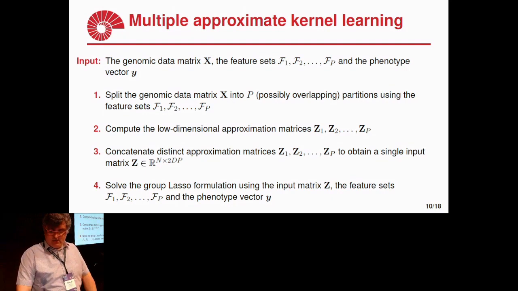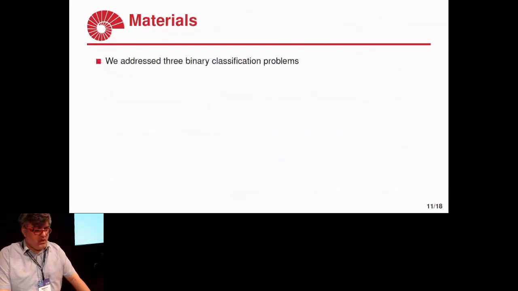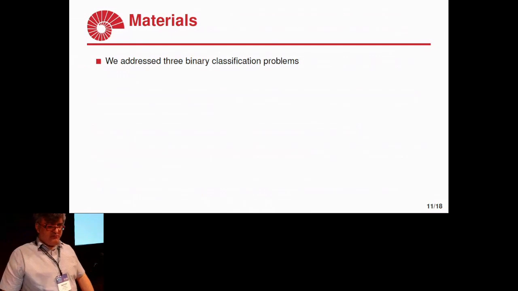Then we calculate the low dimension approximation matrices. Then we concatenate these into a single input matrix. Then we solve the group lasso problem. Again, as I mentioned earlier, this can be a binary classification problem or a regression problem. It doesn't matter. Okay, let's come to the real life experiments.